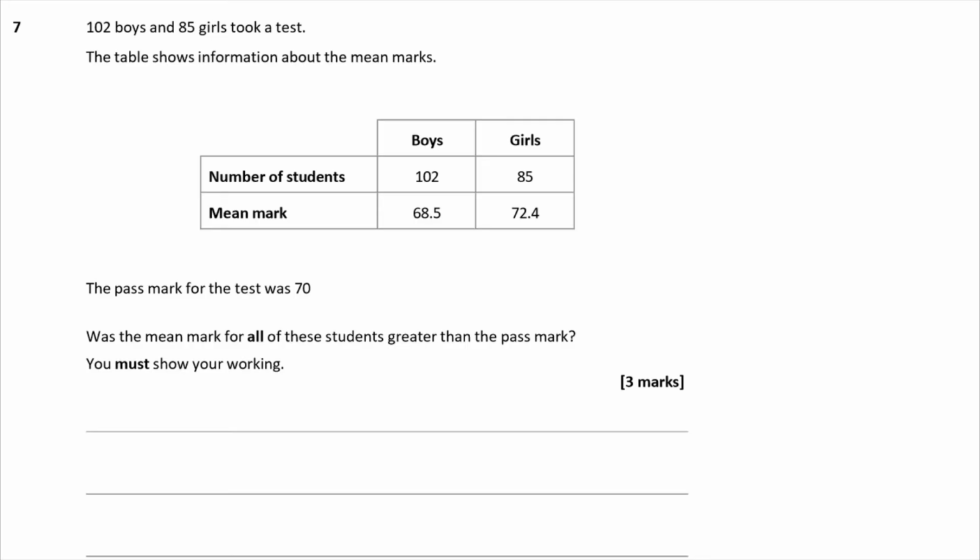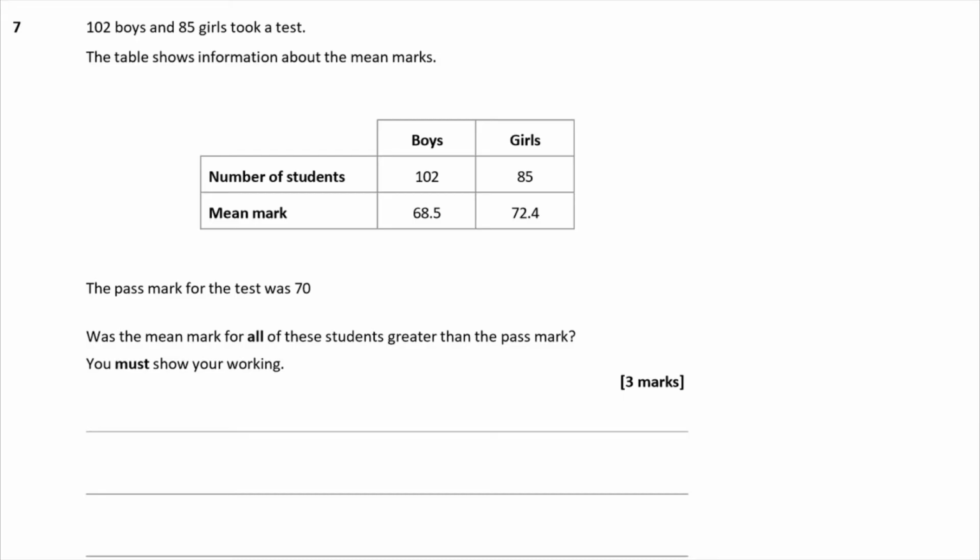Question 7, 102 boys and 85 girls took a test. The table shows information about the mean marks. So I've got number of students, I've got 102 boys and 85 girls, and their mean marks are 68.5 and 72.4. The pass mark for the test was 70. Was the mean mark for all of the students greater than the pass mark?